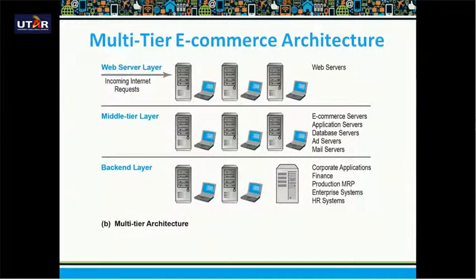Then it goes tier by tier and layer by layer, through the e-commerce server, application server, database server, ad server, or mail server. And if it is even more complex, it can go to the backend layer, for example, corporate applications, finance, production, MRP, enterprise systems, and the HR system.